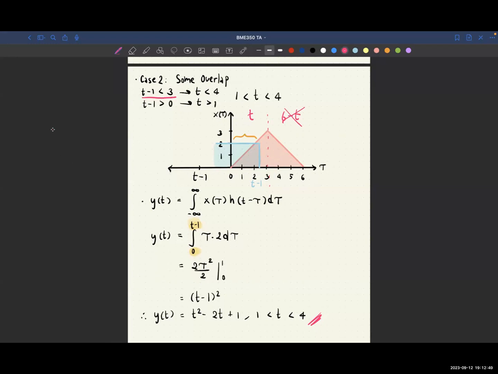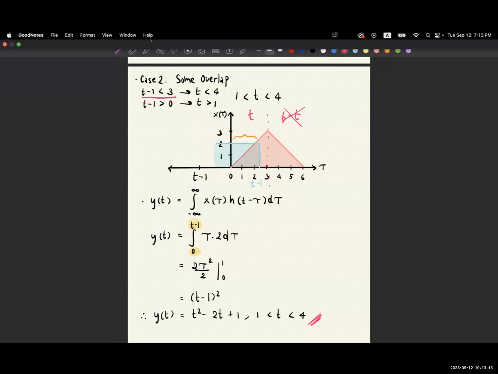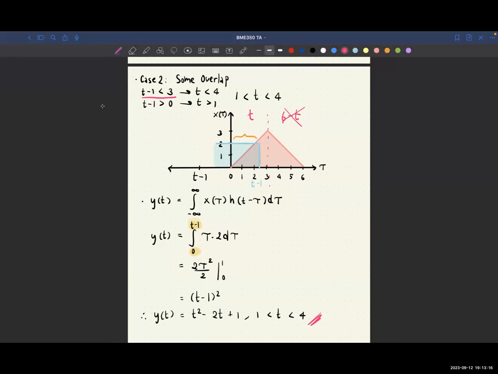Is convolution only going to work with piecewise functions? I'm sorry, Adia, I don't quite understand your question about piecewise functions. I'm not sure how to answer your question here. Do any TAs have an idea for Adia's question? Are you asking if you can only use it with piecewise functions, or are you asking if it only gives you piecewise functions?